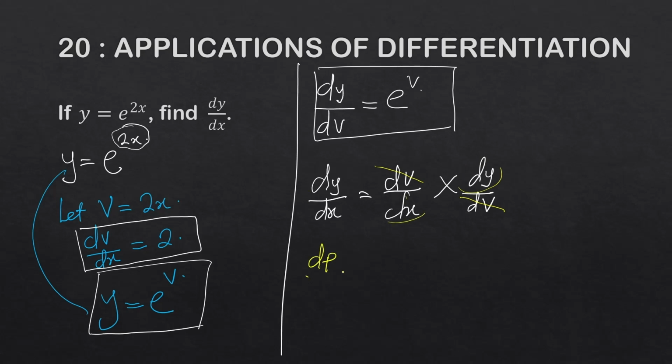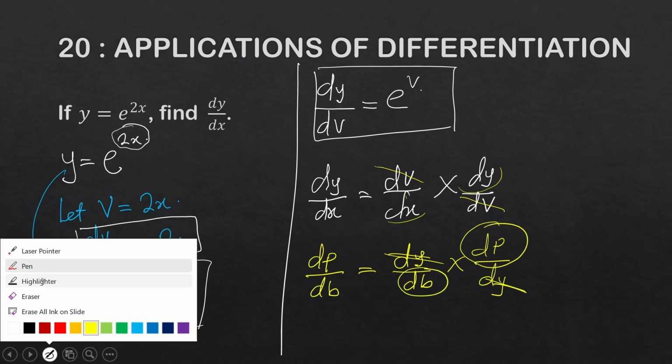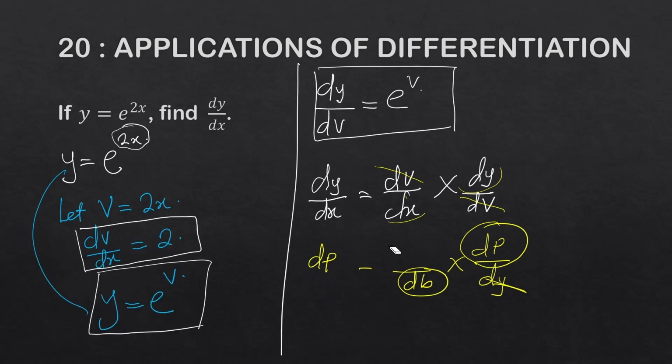If you have p over b, this must be equal to whatever you're going to have. Let's say b over y times p over b, so that if you cancel this and cancel this, you're still going to have p over y. That is the concept. That is the principle. That is the pattern.